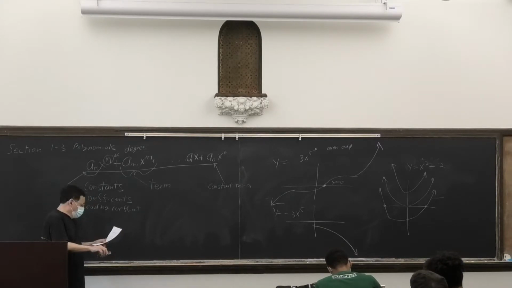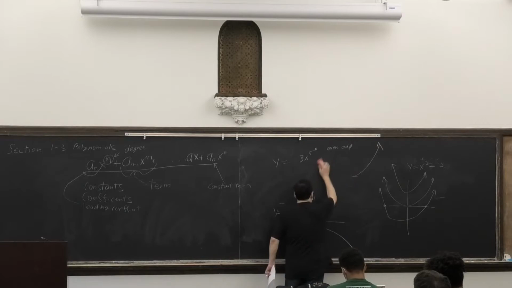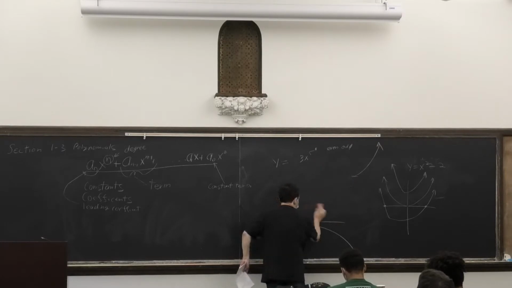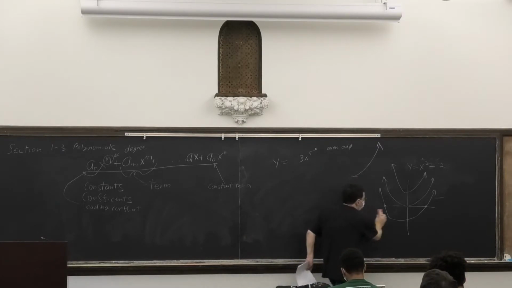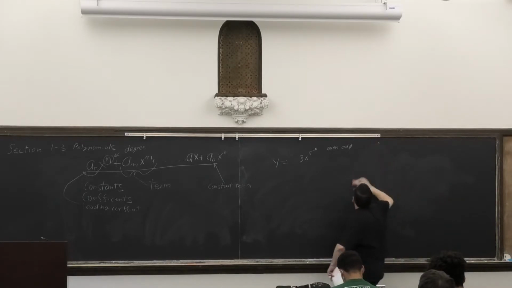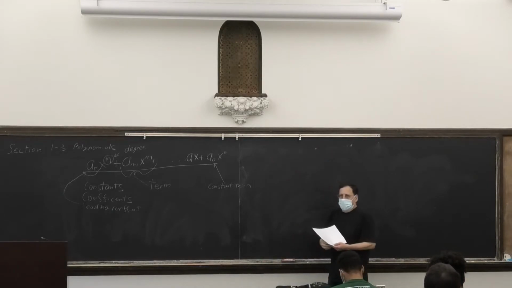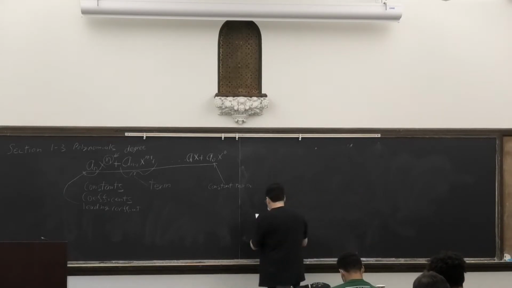All right. So there's some things we need to know how to do with polynomials. The first and probably hopefully the easiest is we need to be able to add two polynomials.